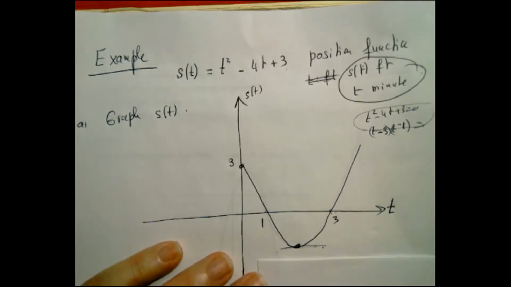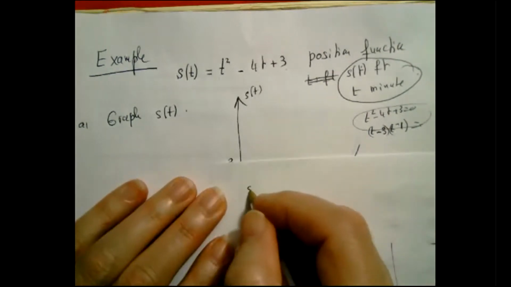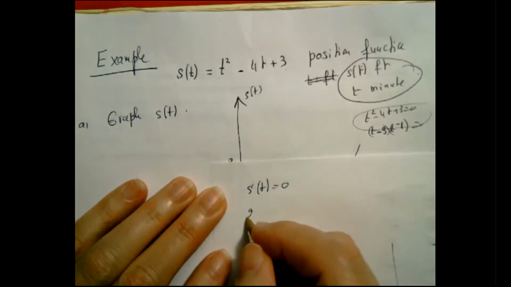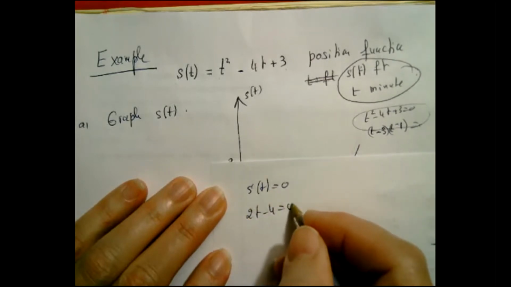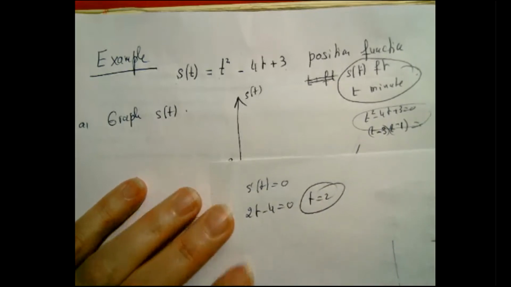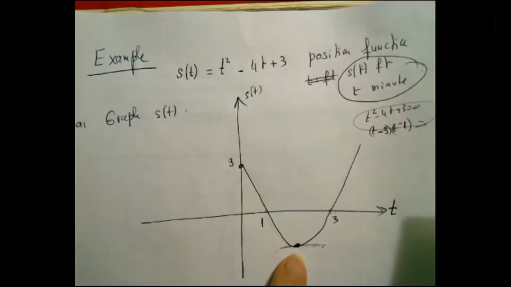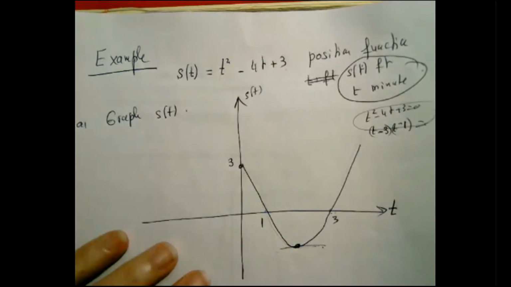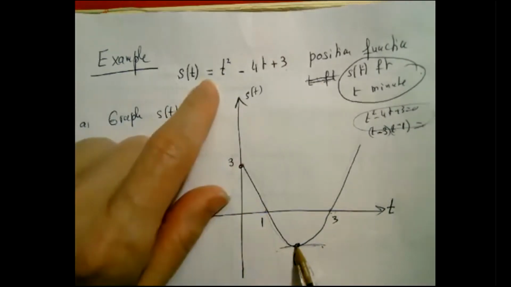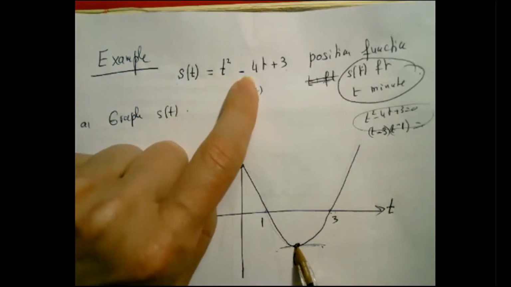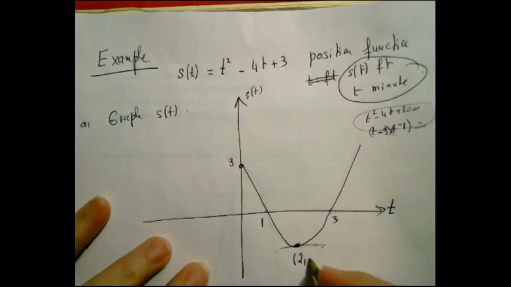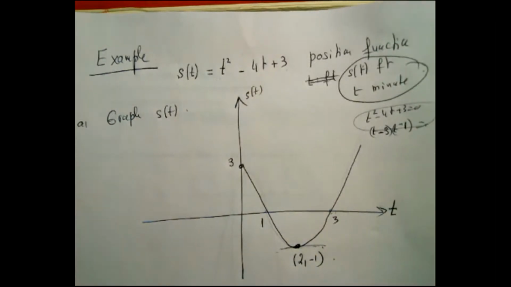So I take the derivative and set it equal to 0, which is when the velocity equals 0. I get 2t minus 4 equal to 0, so t equal to 2. We don't even need a calculator. It bottoms out when the derivative is 0. Now I want the output. If I plug in 2, I get 4 minus 8 plus 3, which is minus 1. So Elizabeth is absolutely correct.